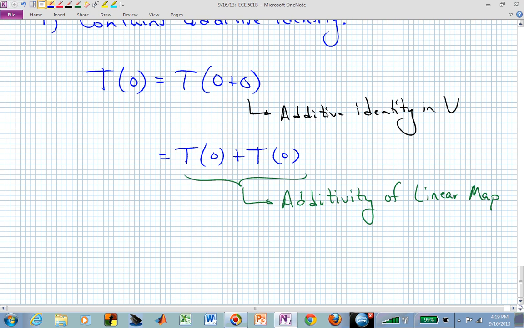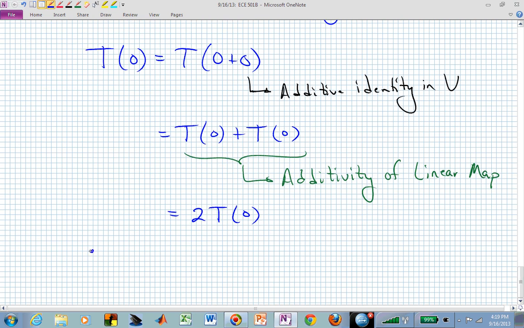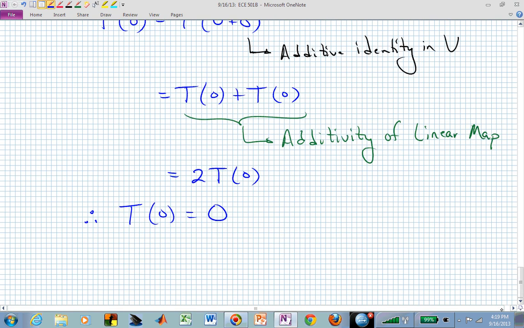But now what do we have? Now that's actually 2 of T of 0. So we now have something equal to twice itself. And when is that going to happen? When that something is 0, or the 0 vector. And that's what we wanted to show, that T of the 0 vector is indeed equal to the 0 vector.